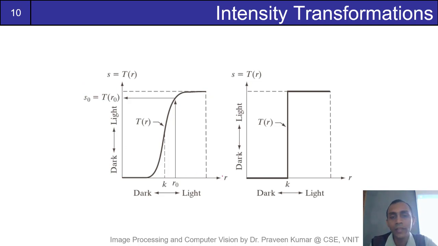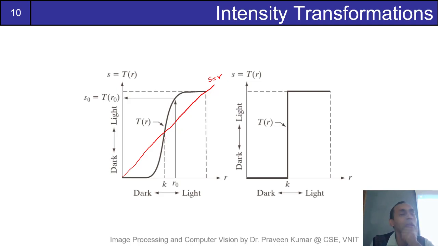Let us say on the x-axis we have your input variable r, and the output is on your y-axis s, and this is your transformation function T(r). Let us say this is your identity, s equal to r.